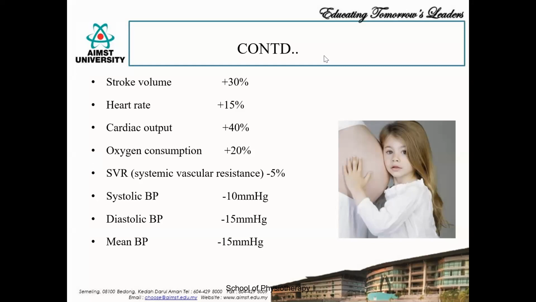Then there is increase in the oxygen consumption because the need for oxygen will be higher. So the mother's respiratory rate will be a little higher compared to a normal woman's respiratory rate. Then there will definitely be a decrease in the blood pressure. Why? Because of the influence of the smooth muscles.